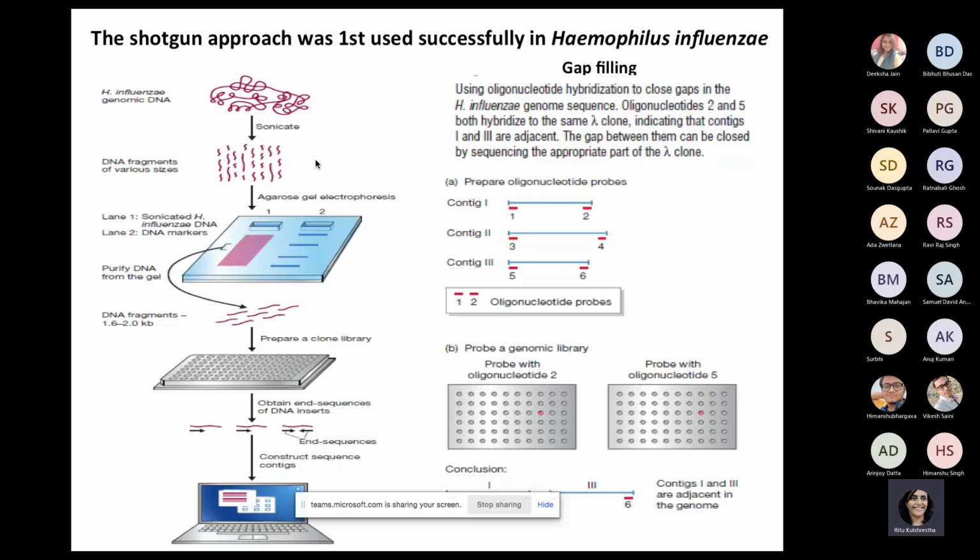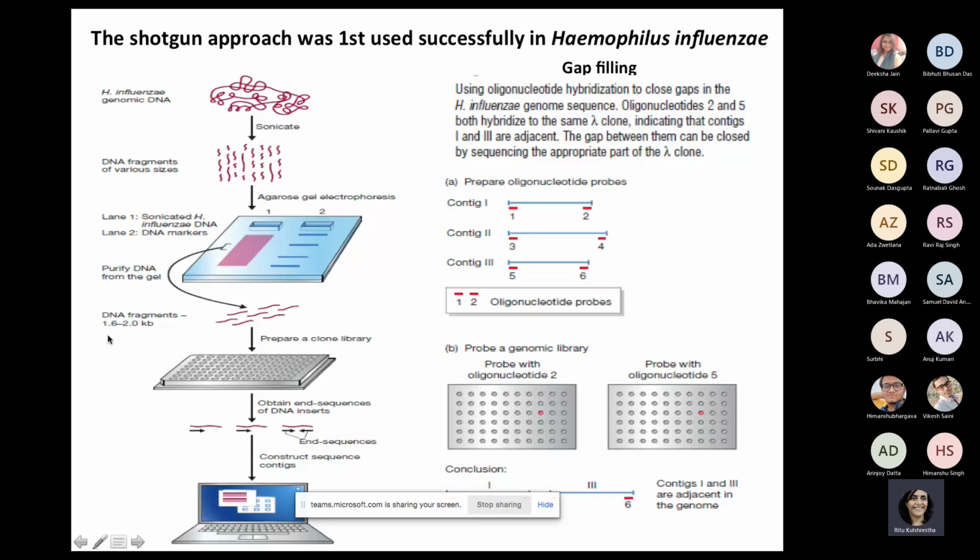So if I'm using a BAC vector and I sonicate my DNA fragments in such a way that they are just, let's say, 10 or 20 kb fragments, then there is no use, right? So I have to optimize my sonication or enzyme digestion of DNA in such a way that I get DNA fragments in a particular size range. That optimization is always done before, depending on what size of DNA fragments you are going for.